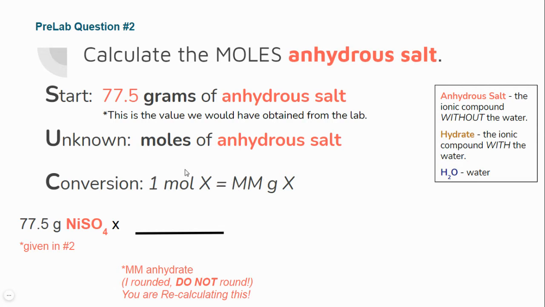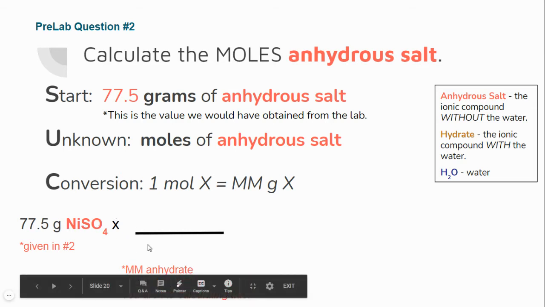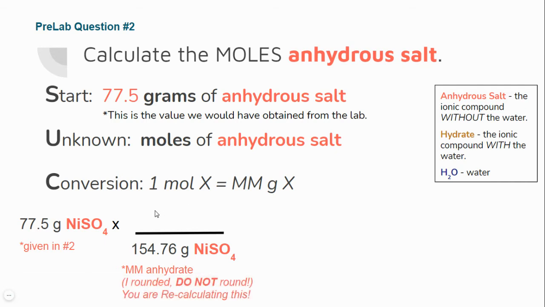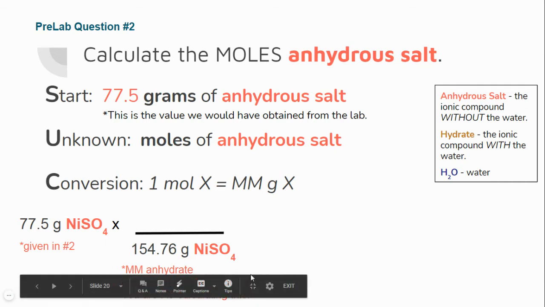We need to use this conversion factor as a fraction. Whatever unit is on top must come down. So if we have grams of nickel sulfate on top, we need grams of nickel 2 sulfate on the bottom, so I'm going to put the molar mass of nickel 2 sulfate on the bottom. I did not round in this one.